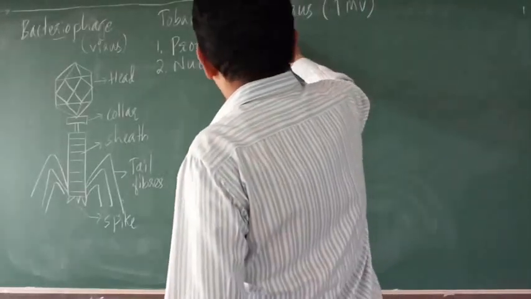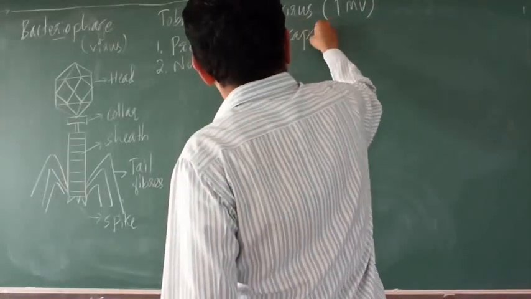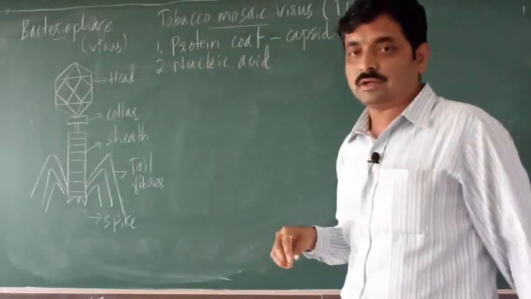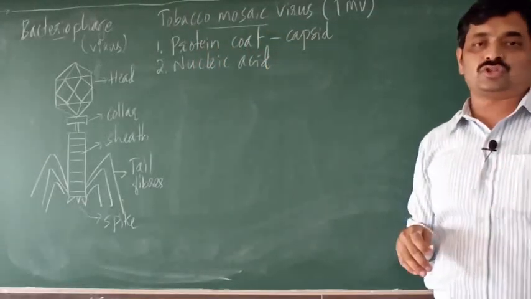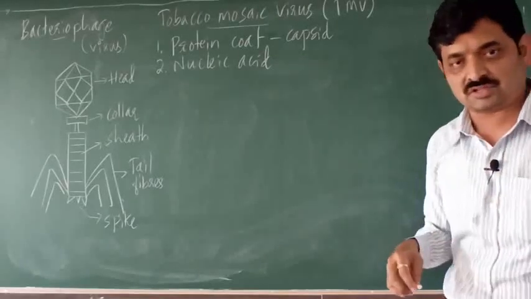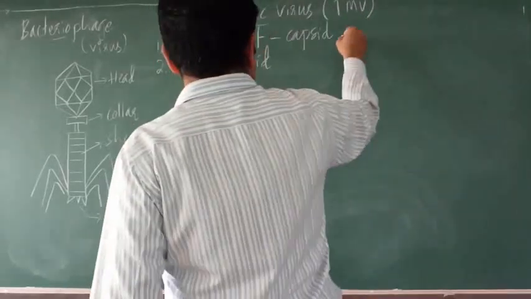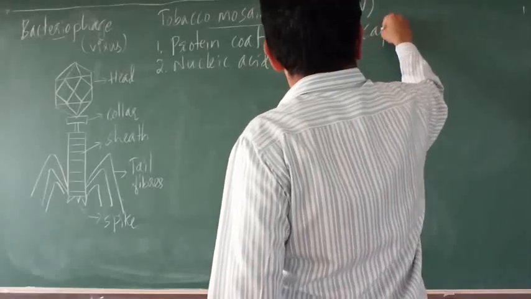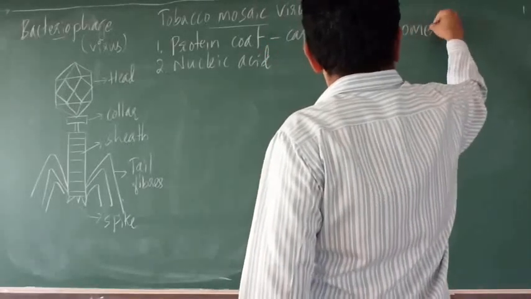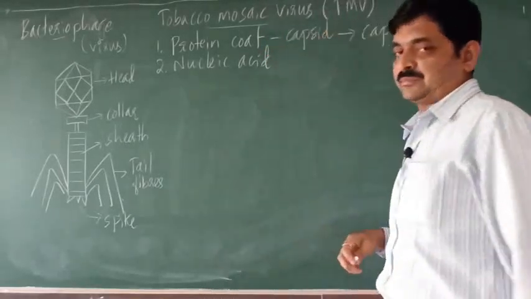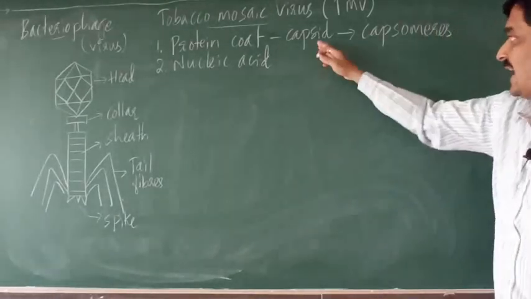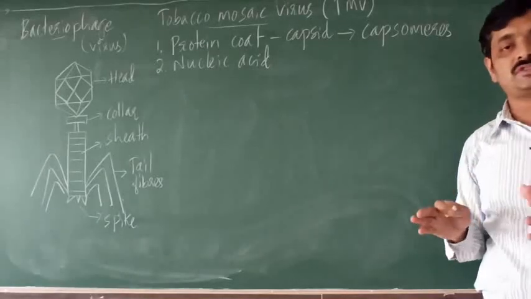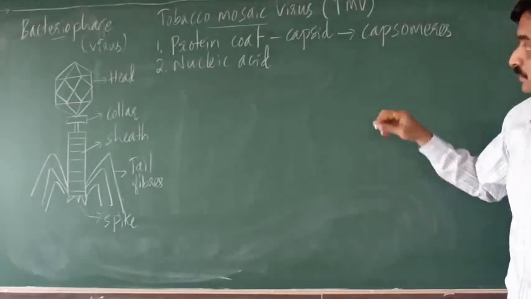Now this protein coat is called capsid. This capsid is composed of small subunits called capsomeres.